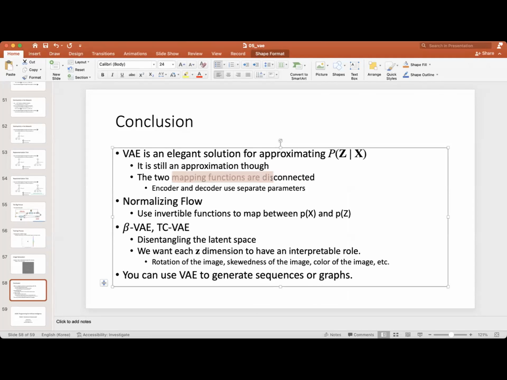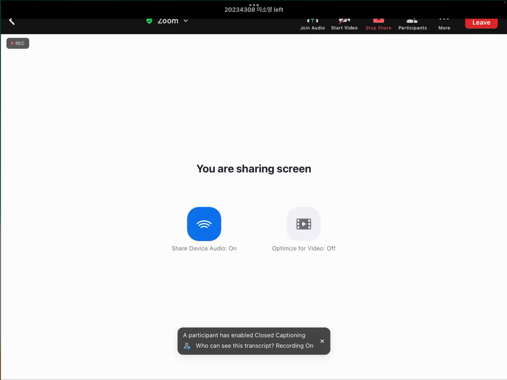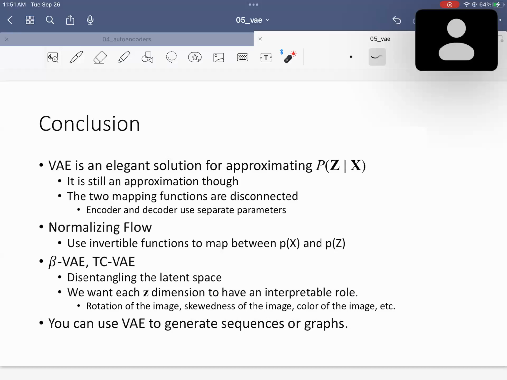So when I say that the two mapping functions are disconnected, I should actually get back to my iPad too. How do I screen? So two mapping functions are disconnected. What does that mean?